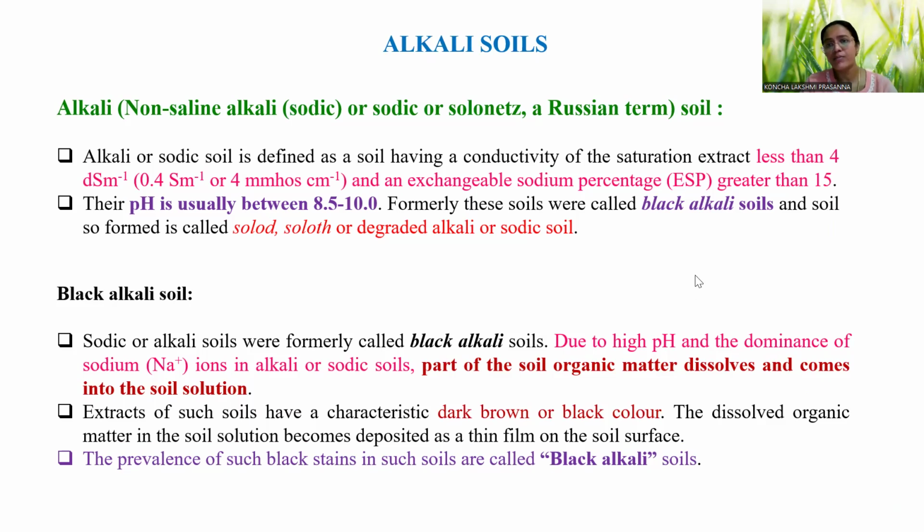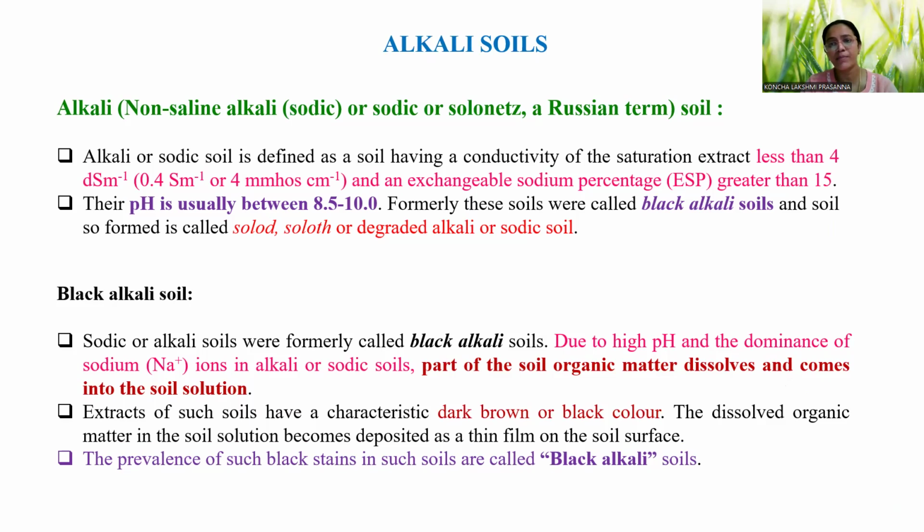These soils are also termed black alkali soil, and the soil so formed is called solodized soil or degraded alkali soil or degraded sodic soil. The term black alkali soils comes from the fact that these soils occur at higher pH, and due to the dominance of sodium ions in the alkali condition or in the sodic soils, partial dissolution of organic matter occurs.